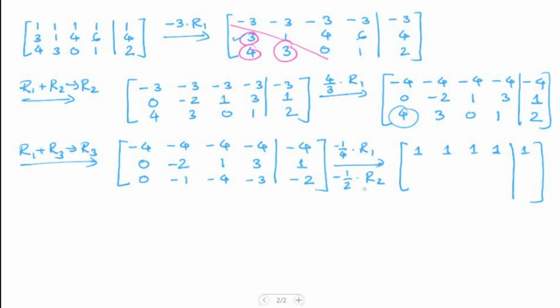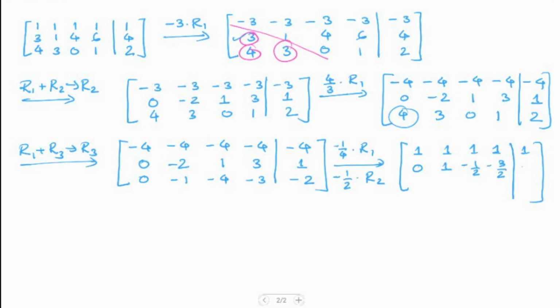And for row 2, we'll multiply it with minus 1 half. So with 0, if you multiply, you get a 0 here. With minus 2, if you multiply, so minus 2 times minus 1/2 is 1. And then we have 1 times minus 1/2 is minus 1/2, and 3 times minus 1/2 is minus 3/2.